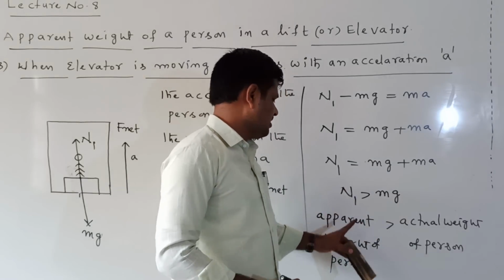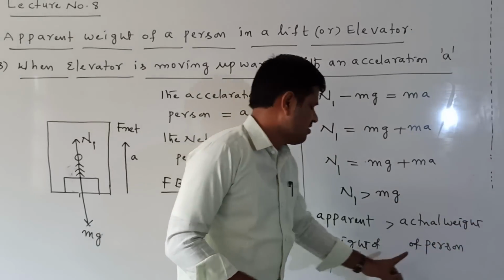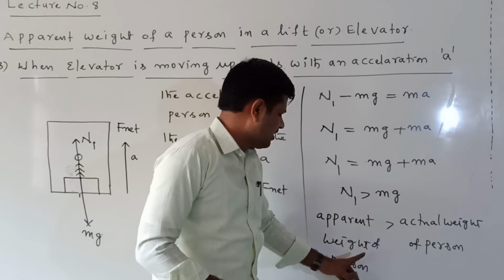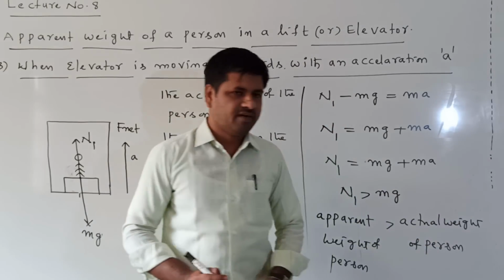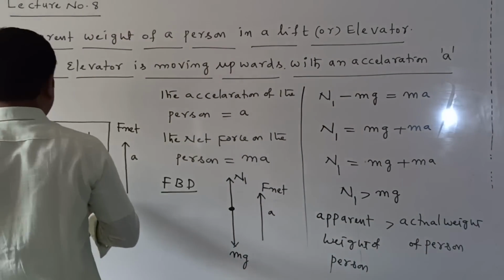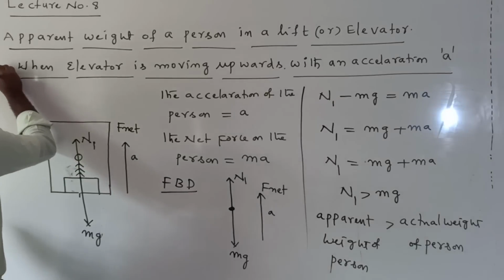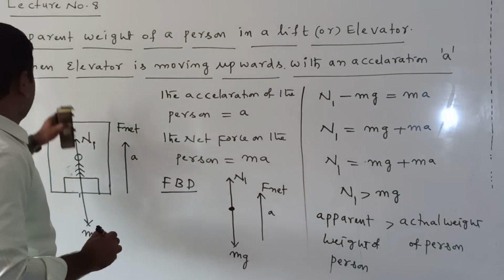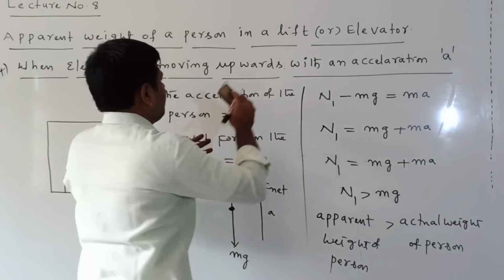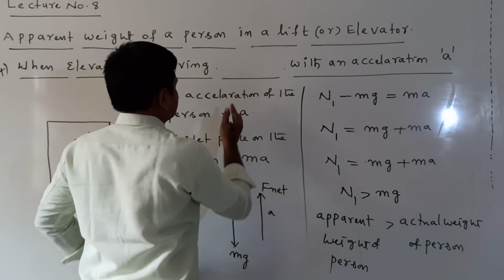Normal reaction is larger than mg, and mg gives the actual weight of the person. So the apparent weight of person is greater than the actual weight of person. This is the third condition. Next we are going to the fourth condition: when the elevator is moving downwards.